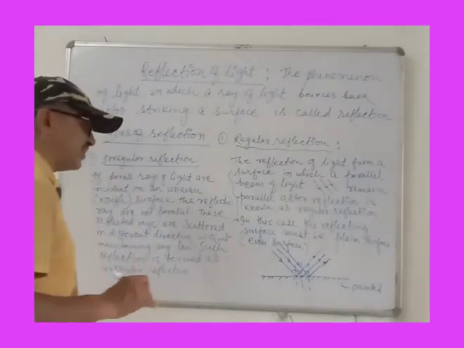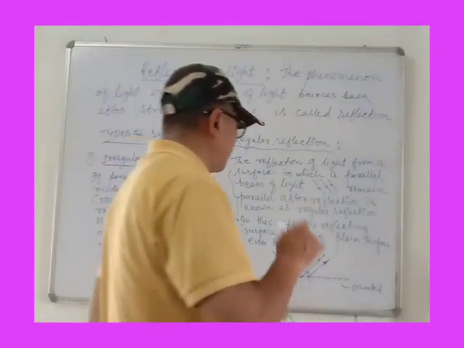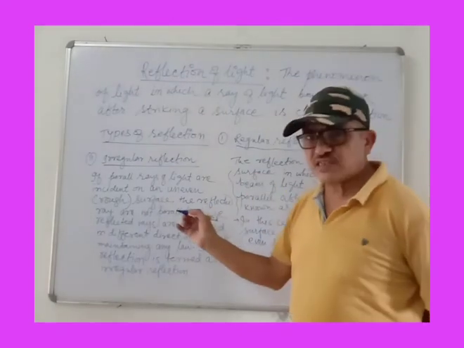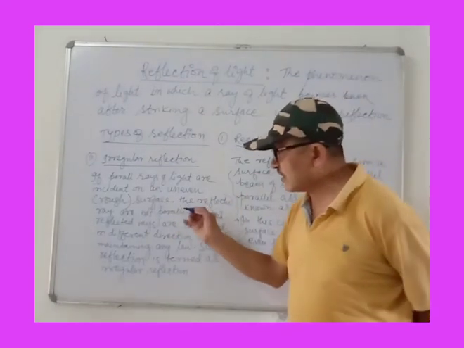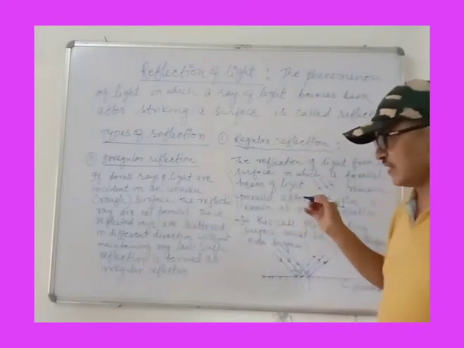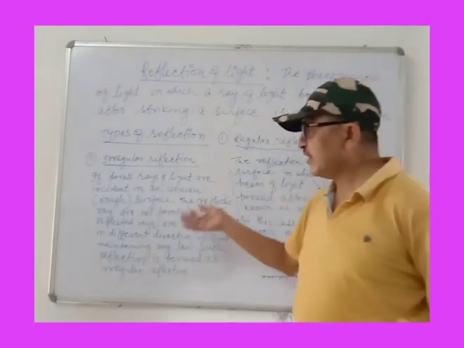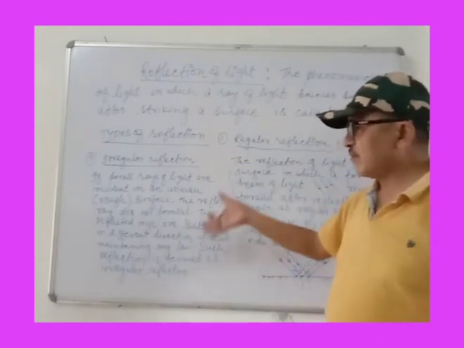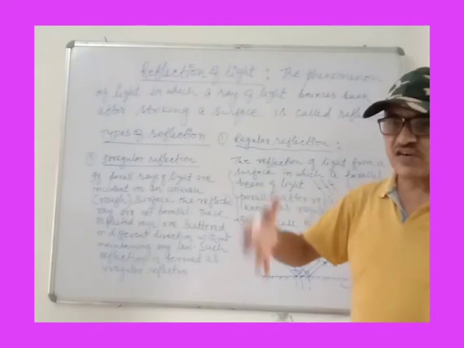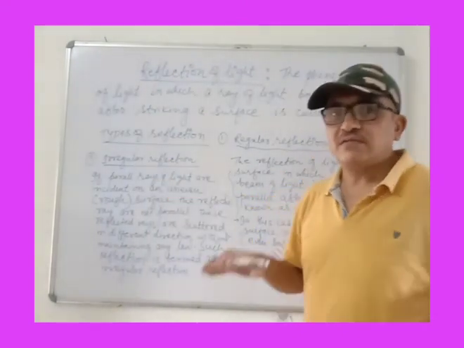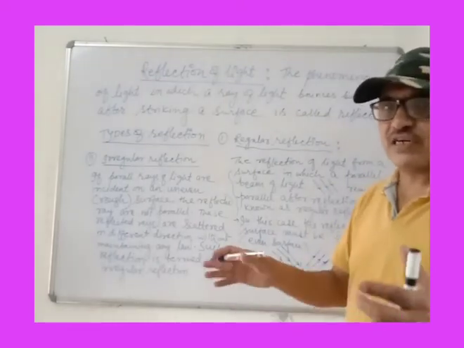Actually, the definition is written in the book, but what I feel is, when I write the definition I have got a scope to explain each and every line, every statement. So this is the definition of irregular reflection, where a parallel beam of light strikes the surface, but it does not return parallel. While returning, they are not parallel.